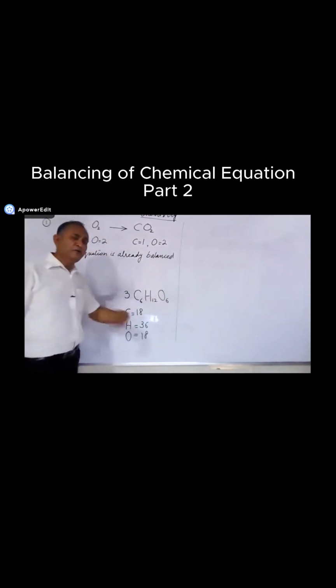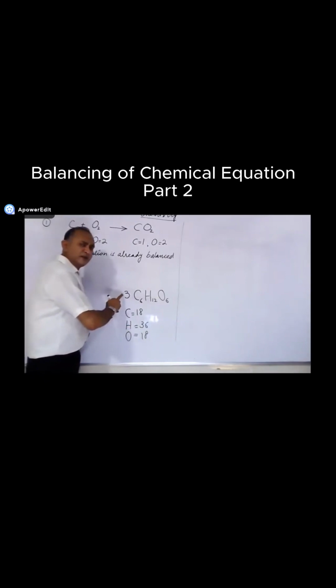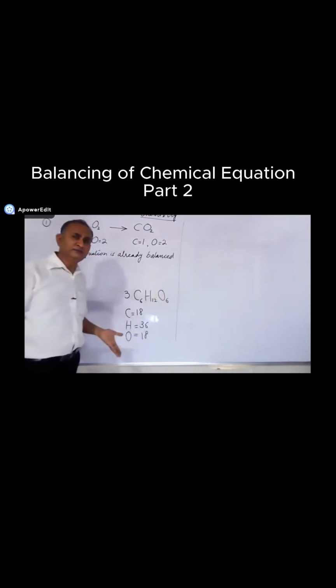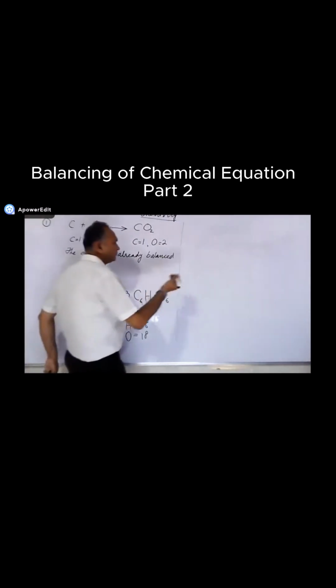So what have we learned yesterday? That the coefficient which is written over here should be multiplied with the subscript of the formula. 3 6s are 18, 3 12s are 36, 3 6s are 18. All right? And another revision.